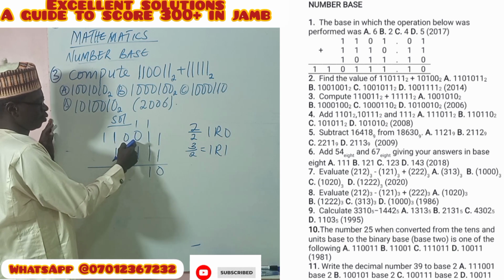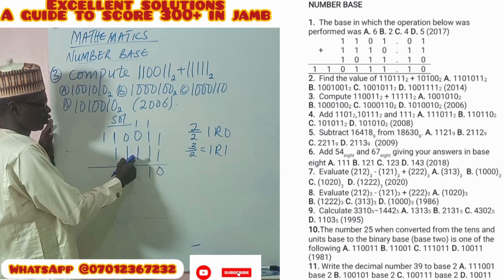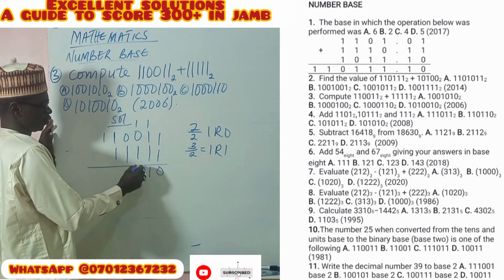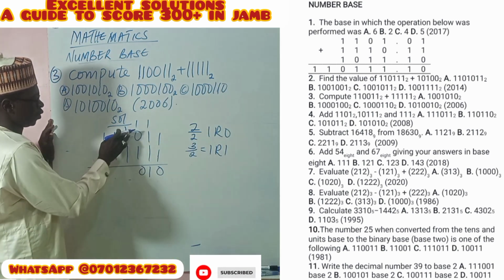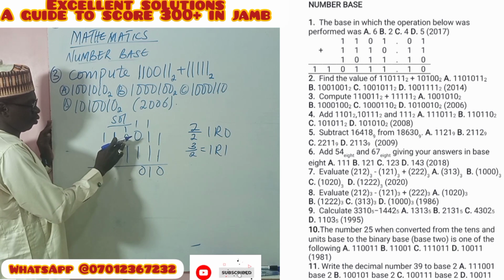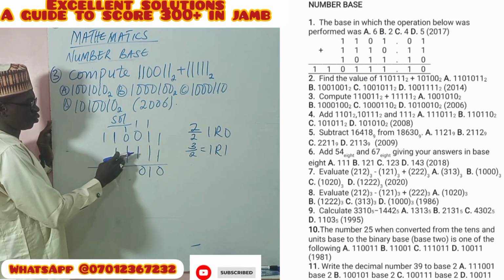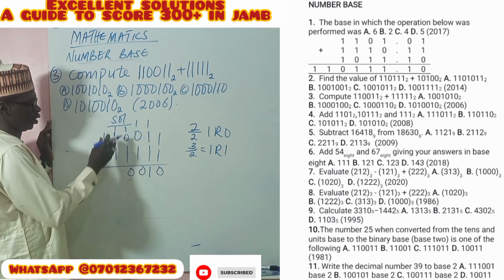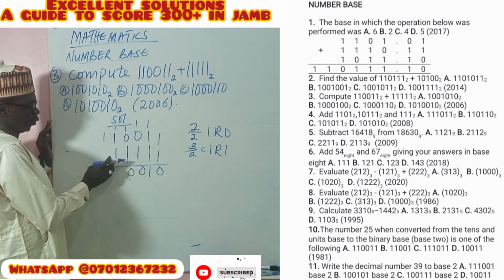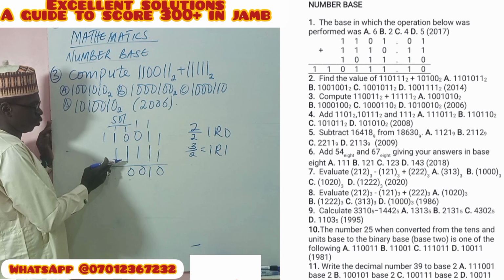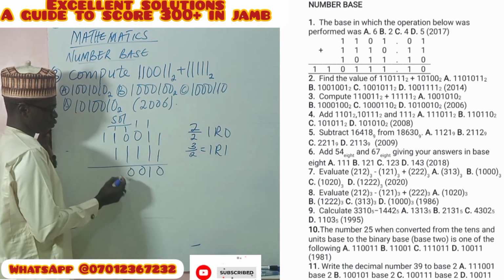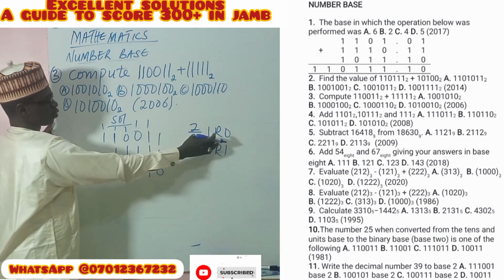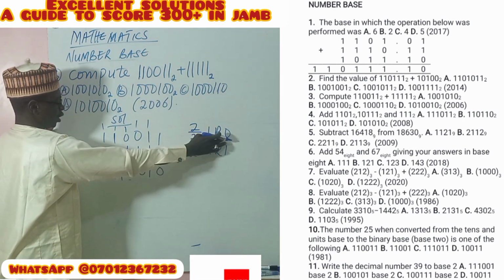1 plus 0, we have 1, plus 1 is 2. So 2 in base 2 is 1, remainder 0. We put 0 and carry 1 here. So 1 plus 0 is 1, plus 1, we have 2. 2 in base 2 is 0, carrying 1 here. So 1 plus 1 plus 1, we have 3. 3 in base 2 is 1, remainder 1, we put 1 and carry the 1 here. 1 plus 1 is 2. 2 in base 2, we have 0, carrying 1.